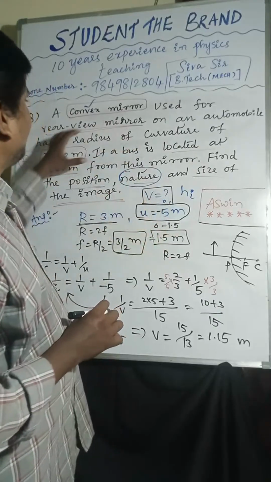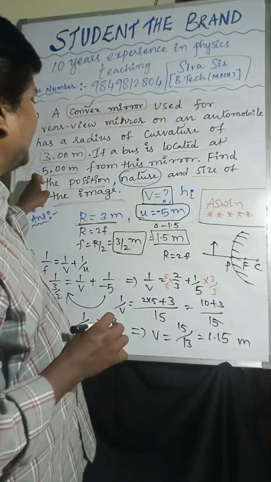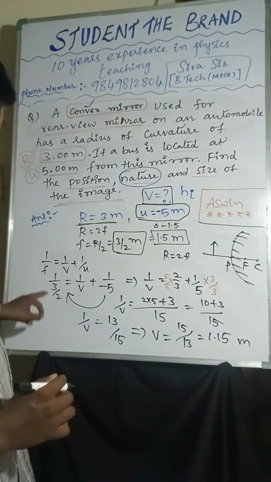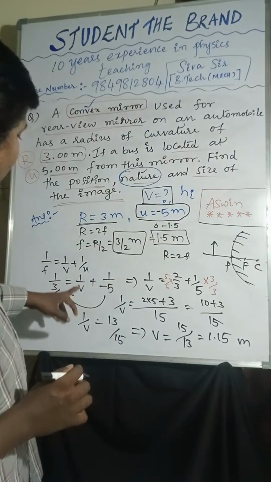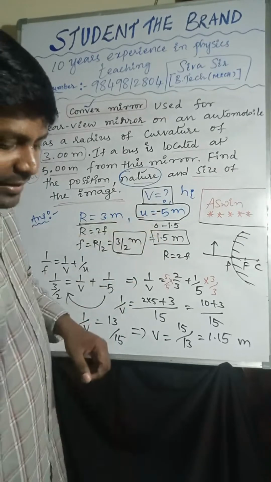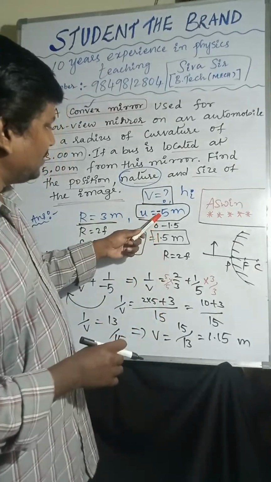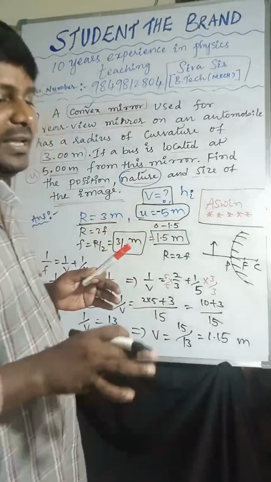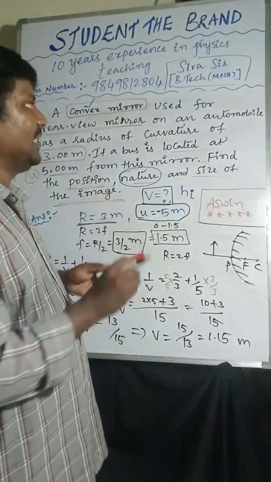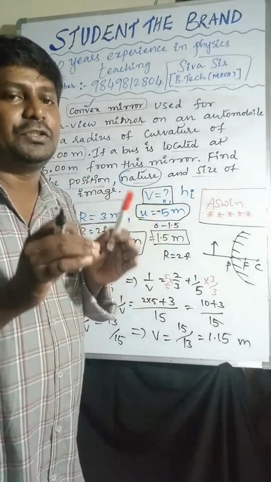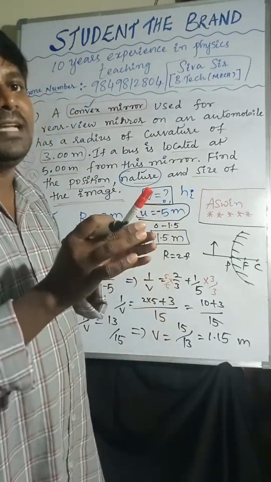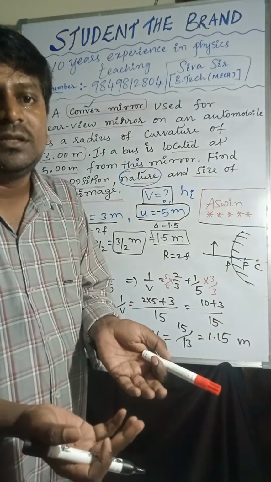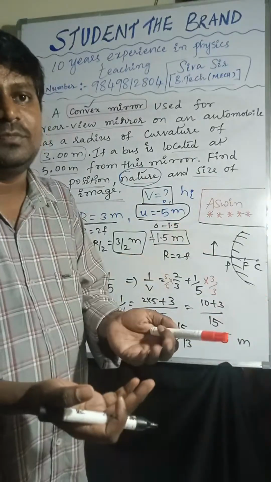We took it from the problem, so that is minus 5 meters. 1 by f equal to 1 by v plus 1 by u. 1 by 1.5 equals 1 by v plus 1 by minus 5. The object distance you have to take as minus only, because the object sign should always be minus, since the object must be placed in front of the mirror itself. Without placing the object, how will you get an image? It is logic only, right? Without placing the object, we can't get an image.